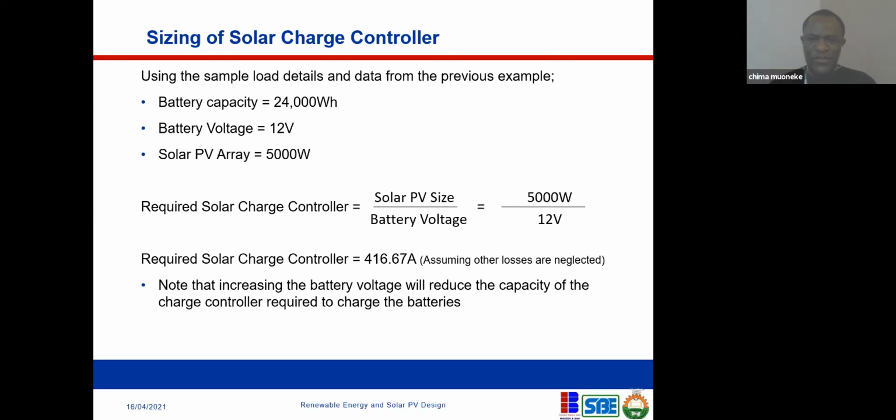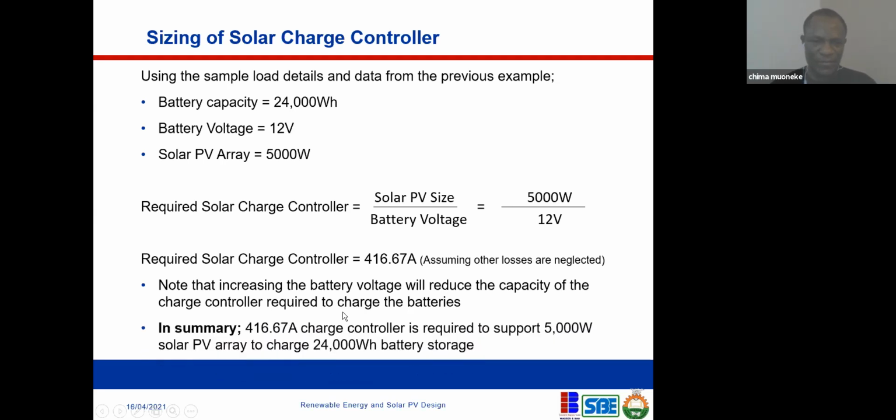So this is how we determine our solar charge controller that is required to charge this capacity of battery with this capacity of solar PV array. In summary, a 416.67 ampere charge controller is required to support a 5,000 watt solar PV array to charge a 24,000 watt-hour battery storage.